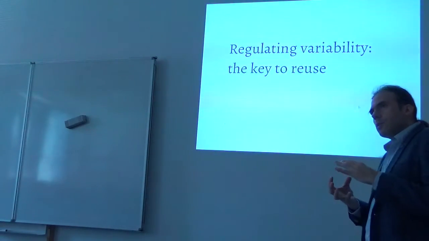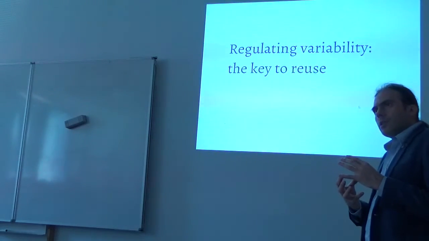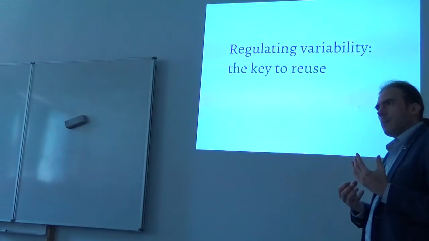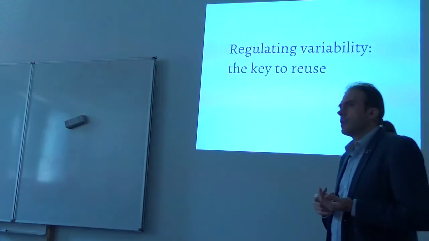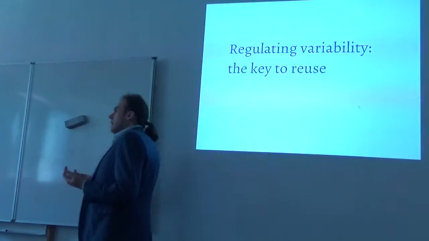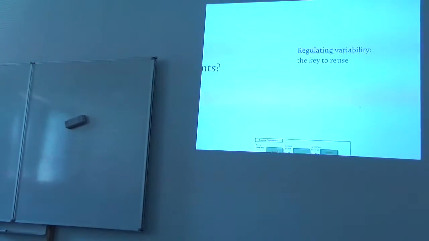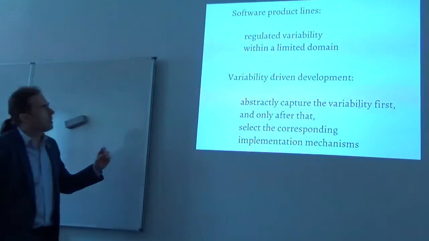As long as we pay attention to this, we can achieve a very high level of reusability. And this is the idea behind the approach called software product lines, which favors this regulated variability within a limited domain.